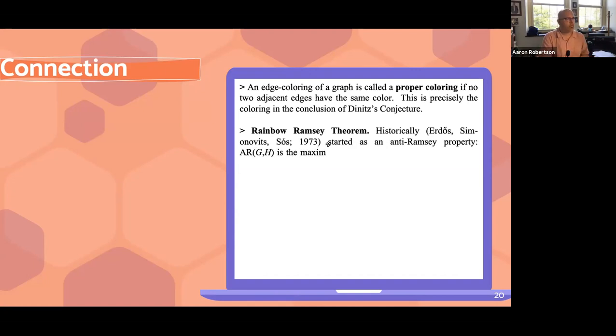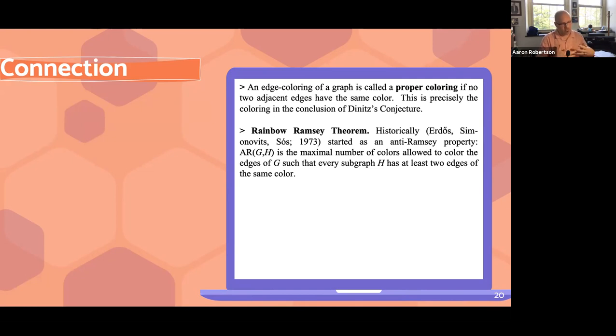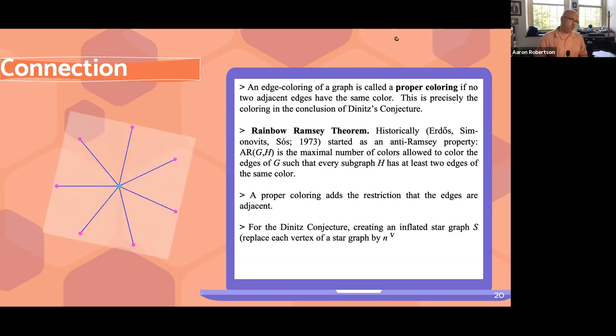And rainbow Ramsey theory started historically as anti-Ramsey. So in Ramsey theory, we know that there are monochromatic structures that are guaranteed. And the question was asked, well, what's the maximal number of colors that I can use to violate that guarantee? And so the restriction to a proper coloring here makes it more difficult.